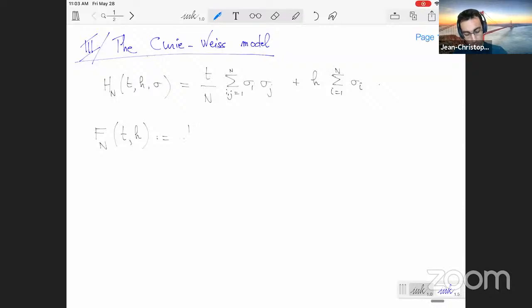So 1/n log, and then I fancied to put 1/2 to the n here, but this is mostly for aesthetics. It's not important. So the sum over all configurations of the exponential of the energy function.